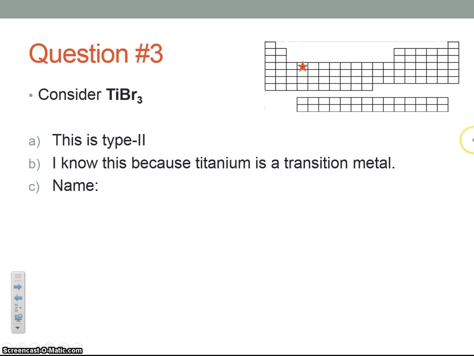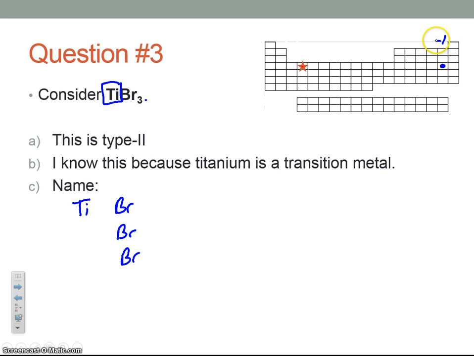Again, the only way to go about this here is to draw it. So I've got, let's see, how many titaniums do we have here? I think I got 1 titanium, and I have 3 bromines. So I'm going to just draw it. I got 1 titanium, and I have 1, 2, 3 bromines. Each bromine is right here on the periodic table.